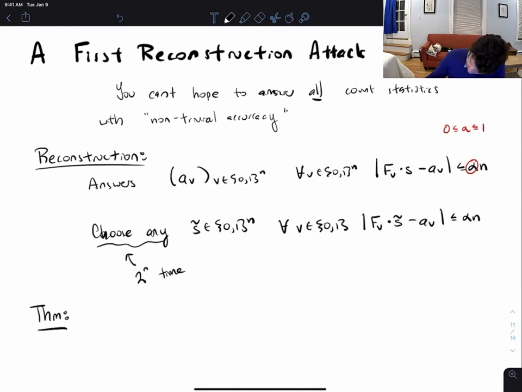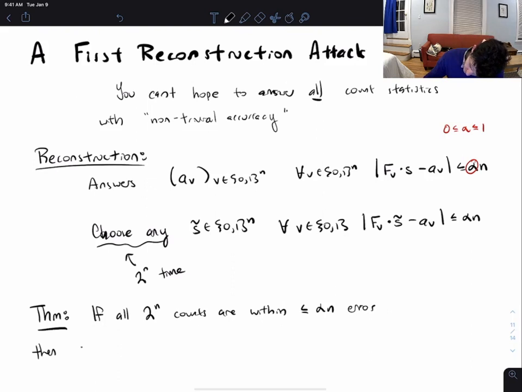We'll prove that if all 2 to the n counts are within at most alpha n error of the true value, then S and S tilde disagree on at most 4 alpha n coordinates.